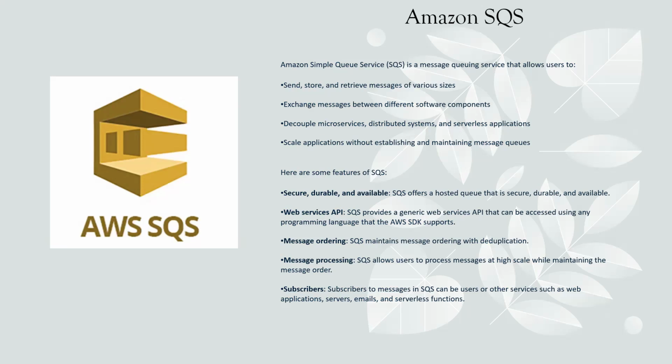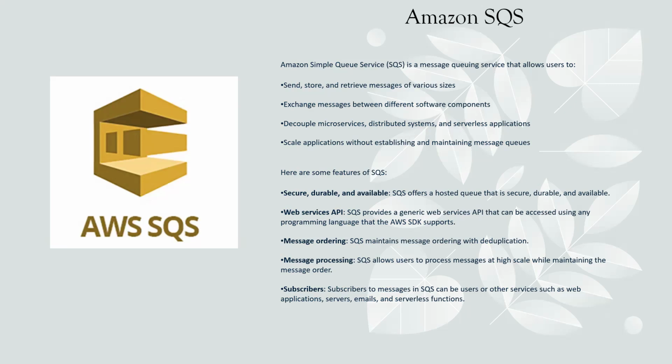And the consumer services, like the processing services, in our case the order processing service, the shipping and logistics service, or the payment service, are the services that consume the message.